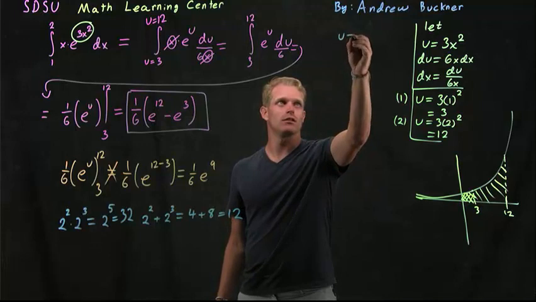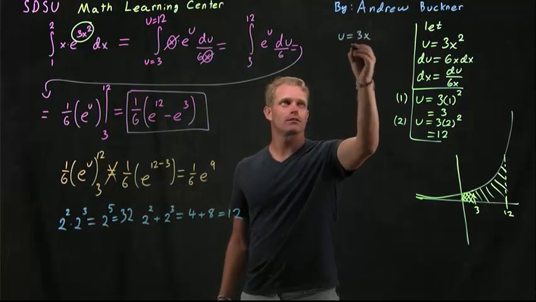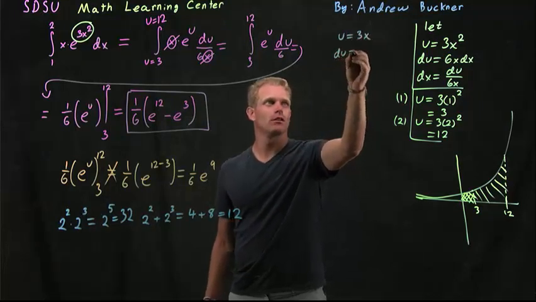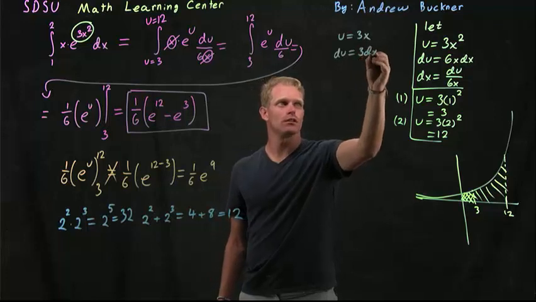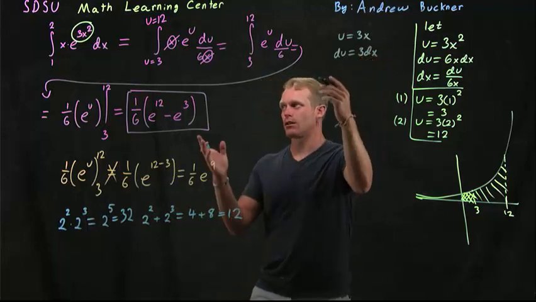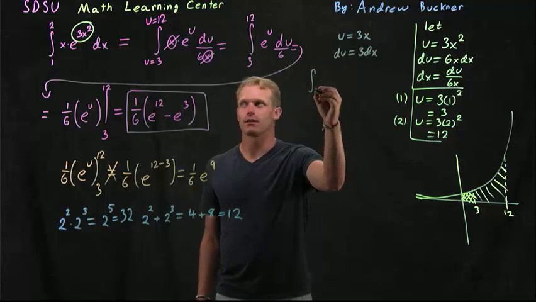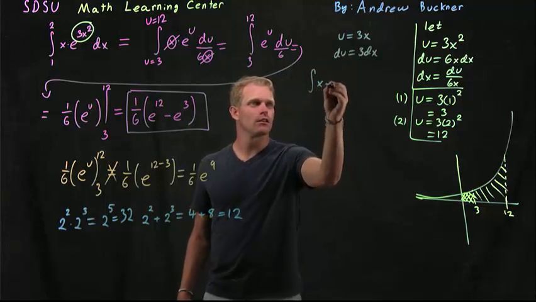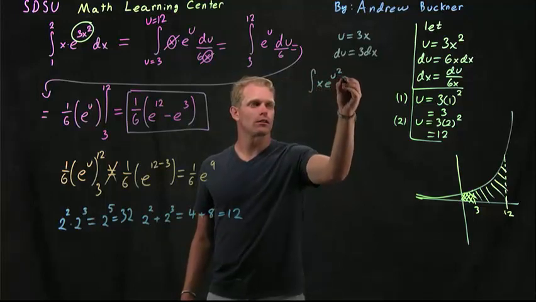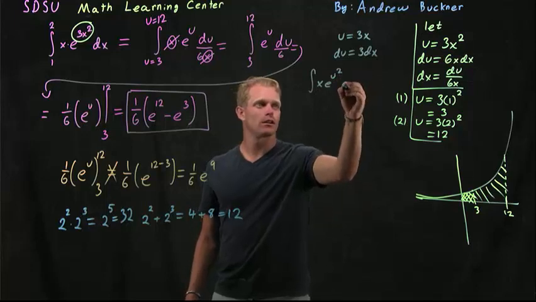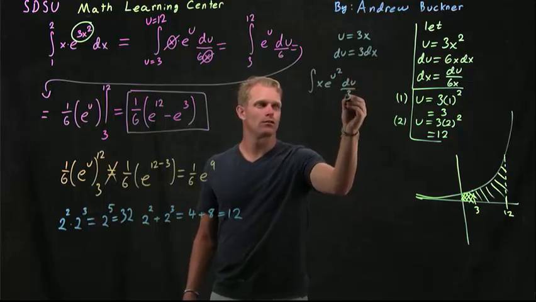If I just let u equal 3x, then my du equals 3 dx, and I plug it back in. I'm going to have my x e to the u squared, and then du over 3.